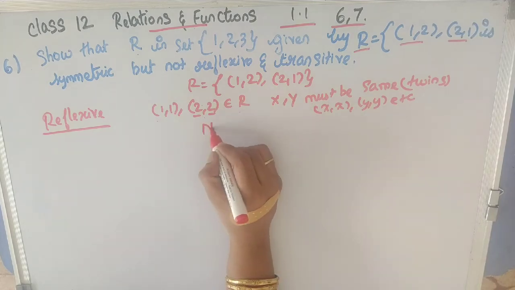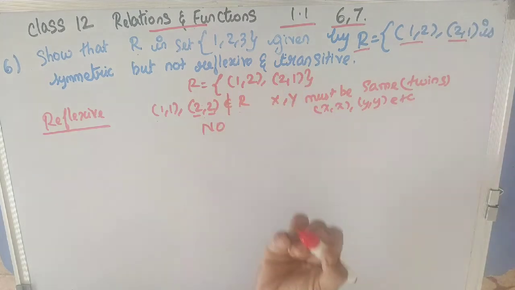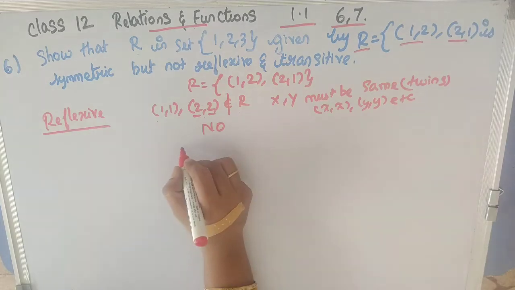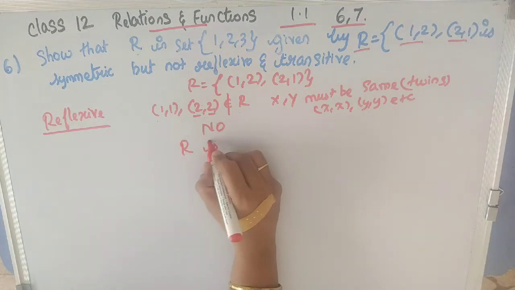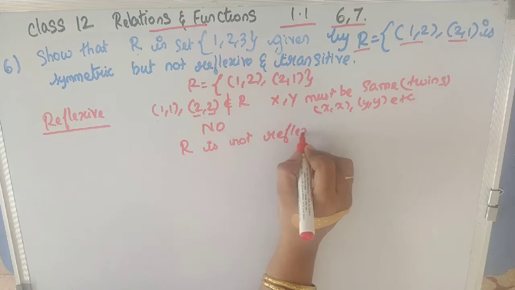No, isn't it? (1, 2) and (2, 1) are elements of R, but (1, 1), (2, 2) are not elements of R. Therefore, this relation R is not reflexive. Clear? Are you able to follow me?